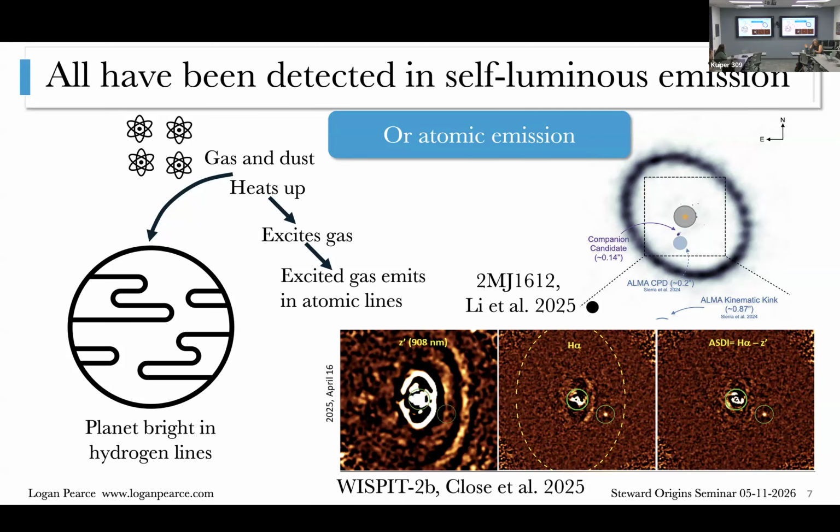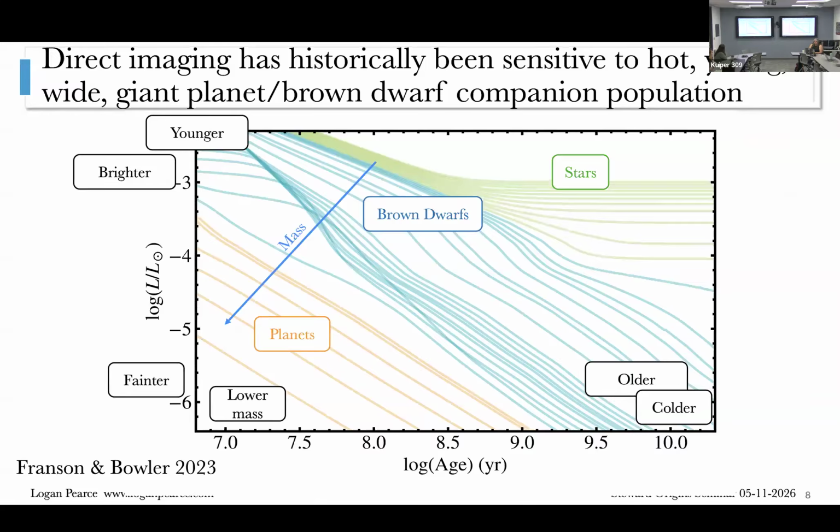This is WISPIT 2b, detected by a team including Laird Close over at Steward, and then his grad student, Jialin Li, had a detection of 2MASS J1612b through their atomic emission lines. So we are sensitive to hot, young, wide, giant planet and brown dwarf companions.